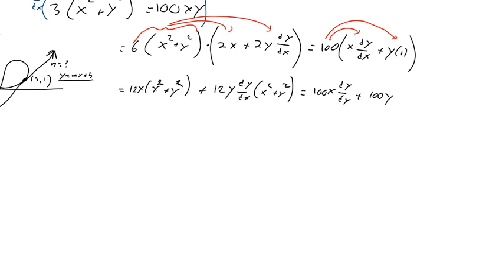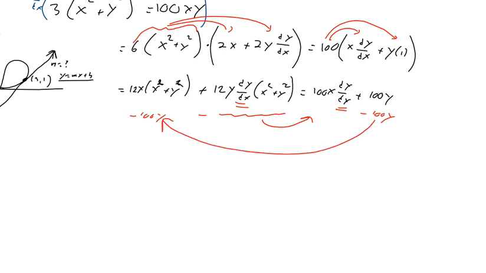All right, let's rearrange. I want to get this dy/dx with this dy/dx. So I'm going to subtract this whole part and subtract 100y and move it over here. So this part's going to go over here, and the 100y part's going to go over here.